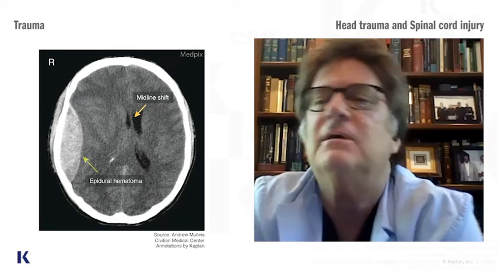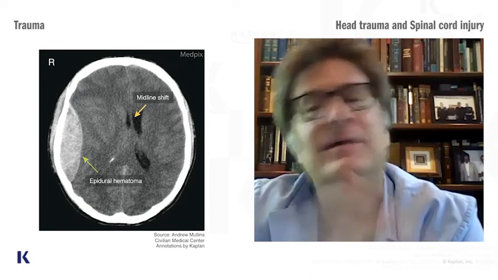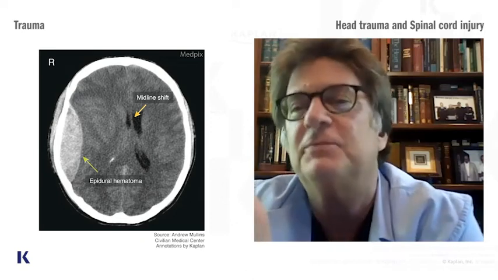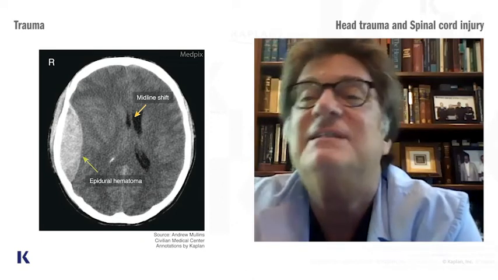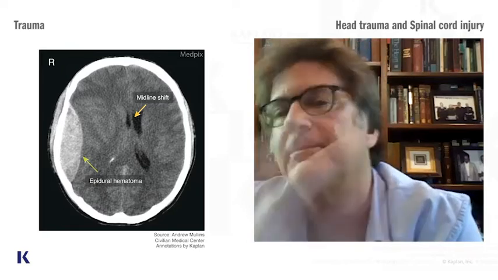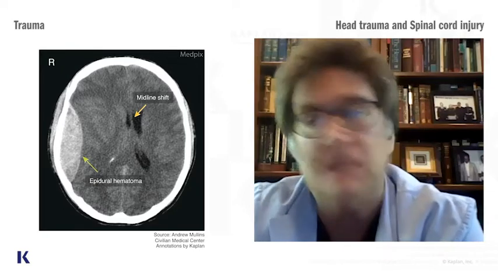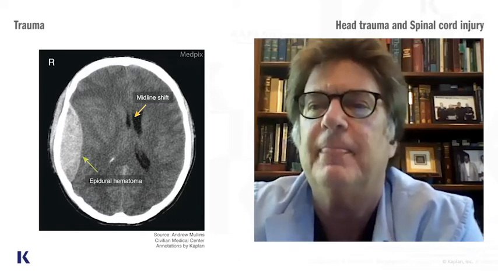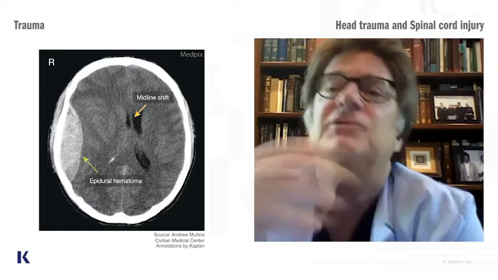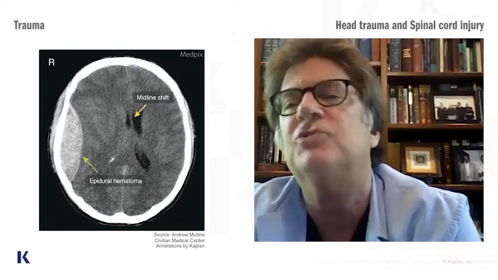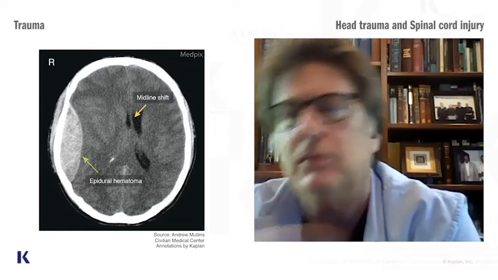Now, guys, in clinical life, you don't have to know this because you're going to get a CAT scan that's going to tell you whether it's an epidural or subdural. But I want you to know this for the test because they're going to test you specifically on this. All right? So you get your CAT scan and you determine whether it's an epidural or subdural.